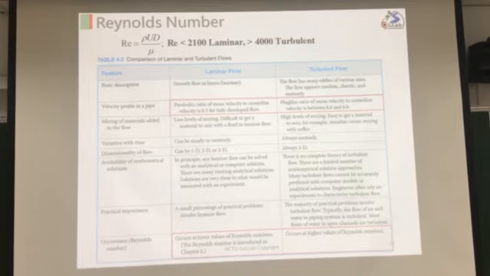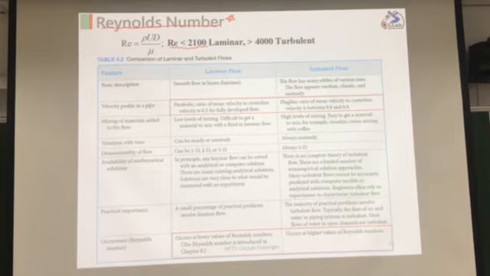Some scientists provided the Reynolds number. So this is very important. What is the Reynolds number? The Reynolds number provides criteria to distinguish laminar flow from turbulent flow. As you see here, I show certain values.